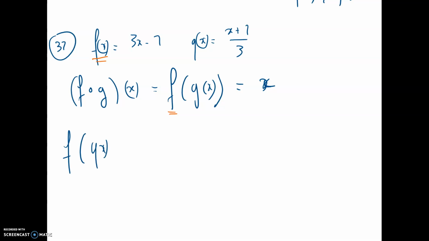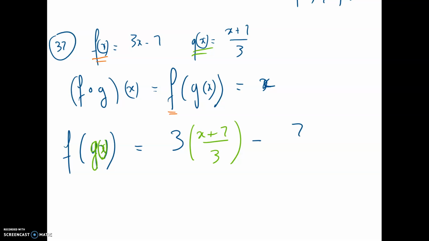f of g of x is going to be, I'm going to take my function 3x minus 7, and I am going to substitute this x right here by g of x, and I am going to substitute it by (x plus 7) over 3.